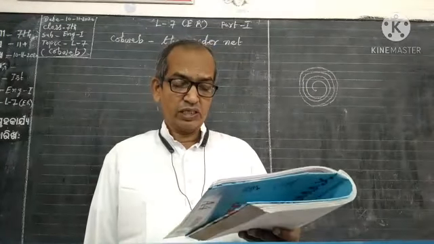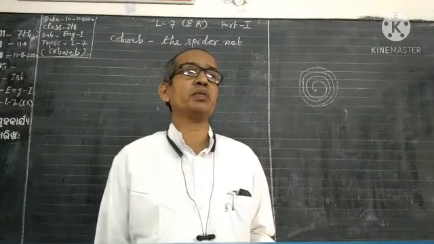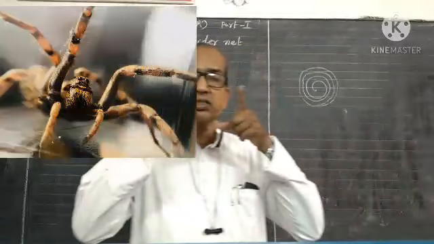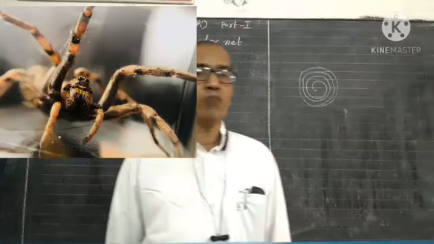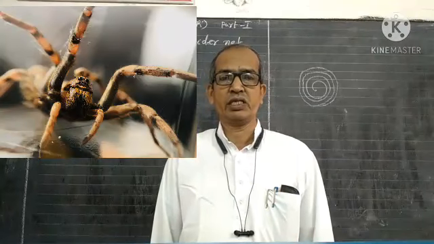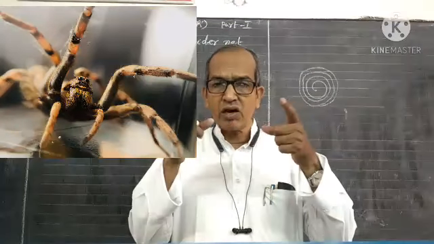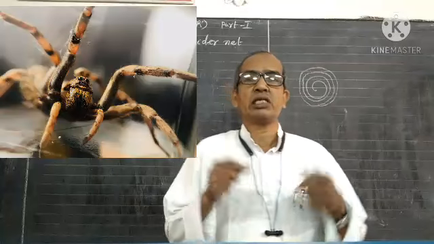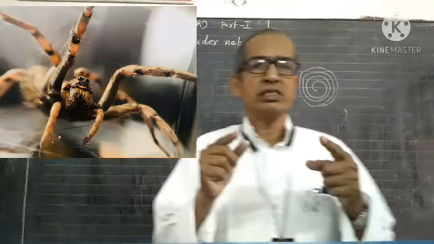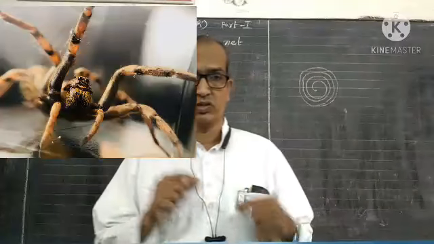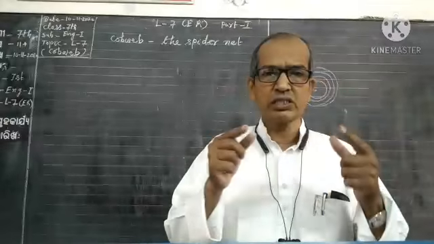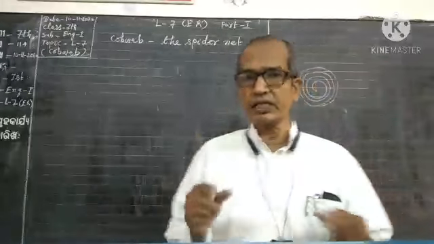With their ceaseless spindles. Spindles means two organs on the mouth of the spiders. With these organs, the spider weaves its web. Okay, that is called spindle, by which they make their net.